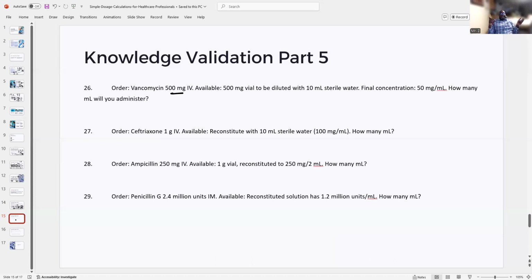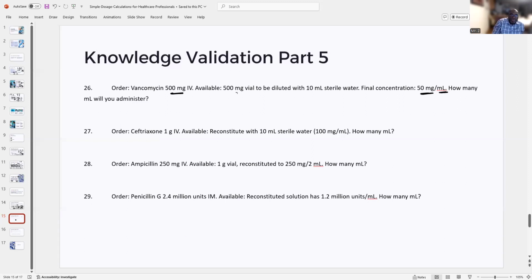Sometimes whenever they dilute a medication, the concentration may end up changing. As you can see, your final concentration here is 50 milligram in 1 ml. 500 milligram diluted in 10 milliliters is the same thing as 50 milligram in 1 ml. Sometimes the final concentration changes, sometimes it does not.